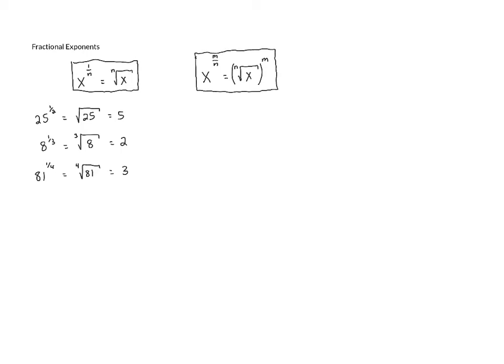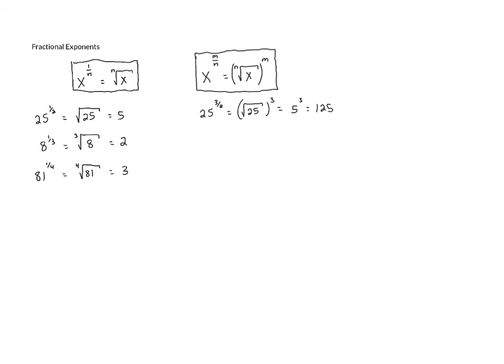Let's look at some examples here. Let's look at 25 to the 3/2 power. If we rewrite this as a radical expression, it's going to be the square root of 25 cubed. We know the square root of 25 is 5, and 5 cubed is 125. 5 times 5 times 5.